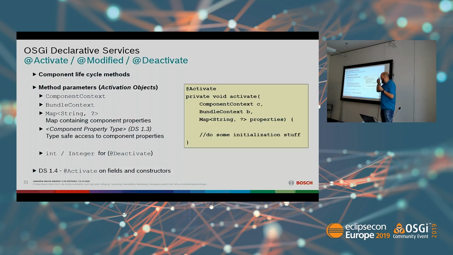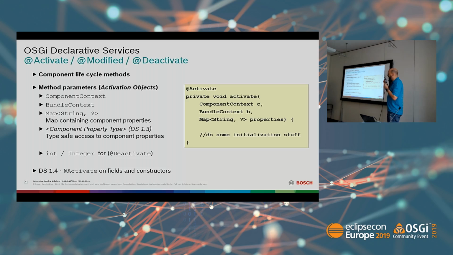The next annotations I want to show are the lifecycle annotations: add activate, add modified, and add deactivate. These are the component lifecycle annotations, or before 1.4, they were solely used on component lifecycle methods, like the activate method here. So add activate is called at activation time of your component.